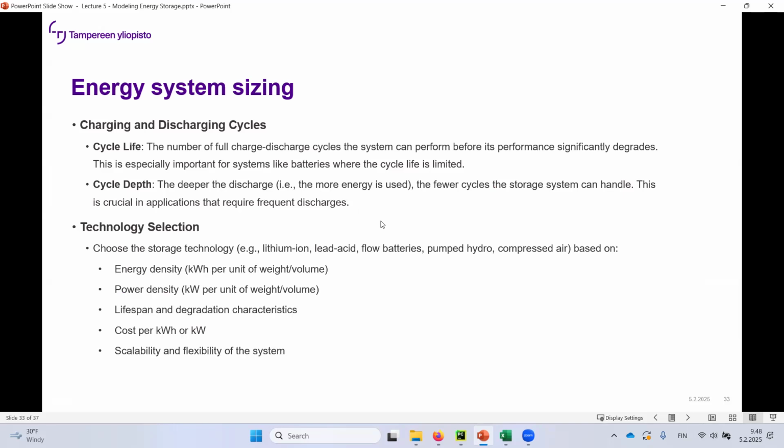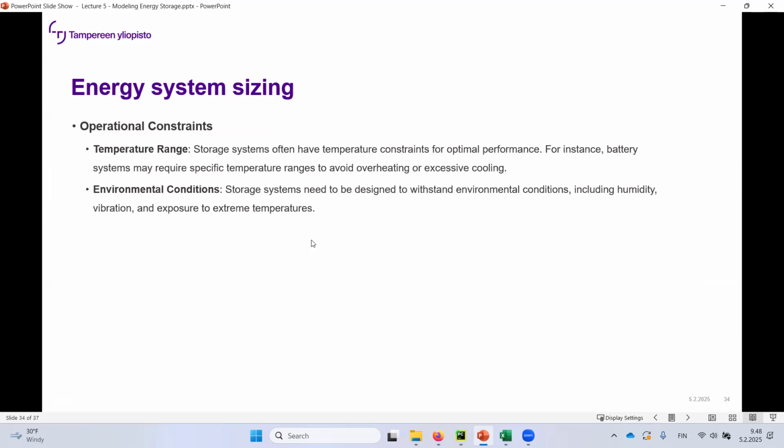Then charging and discharging cycles, cycle life, cycle depth. What the technology is going to be and what these are going to be in relation to that. Operational constraints. If you have some temperature ranges that you have to keep, so for example, you cannot heat up the battery above certain points.